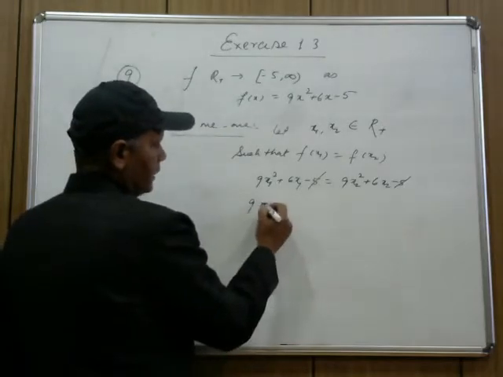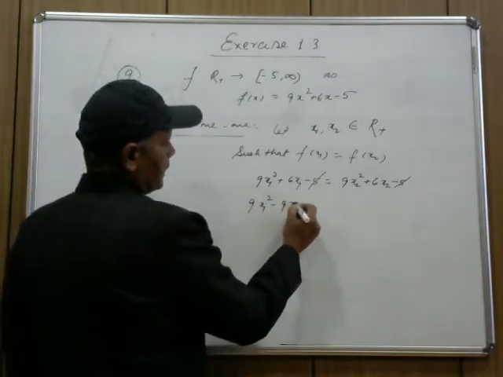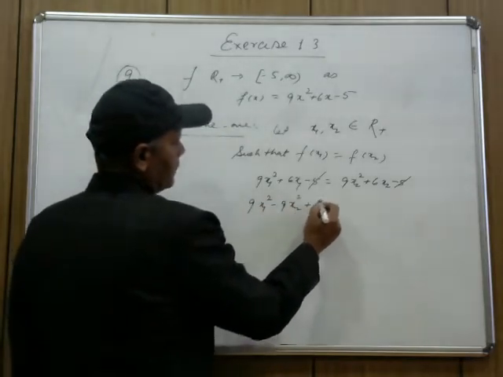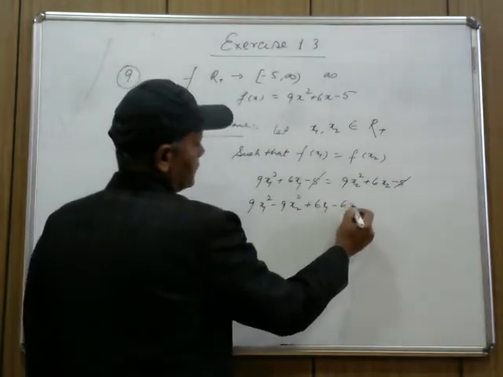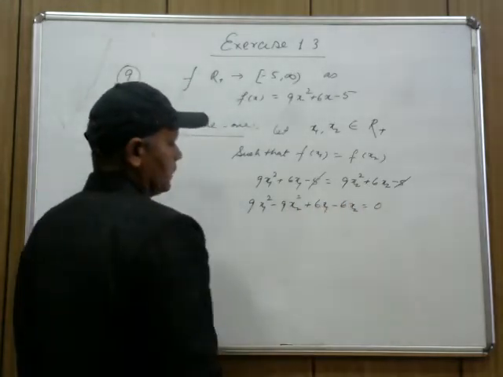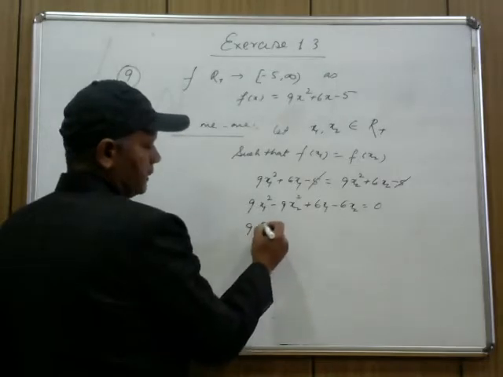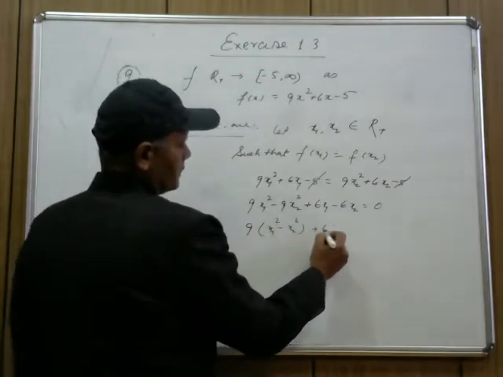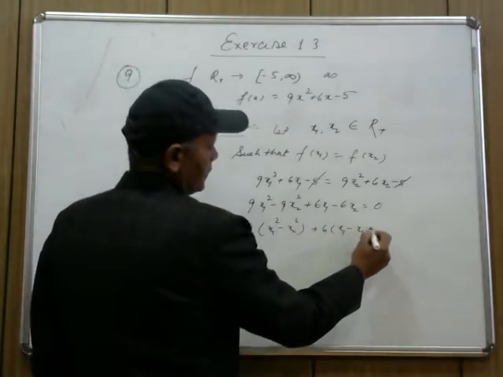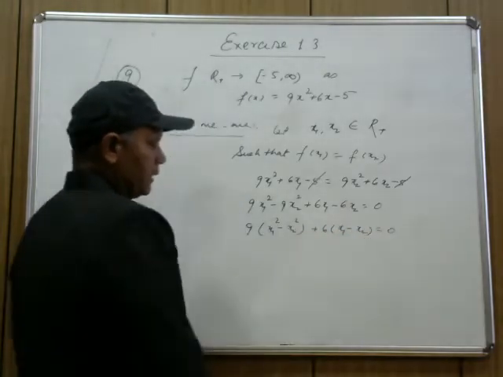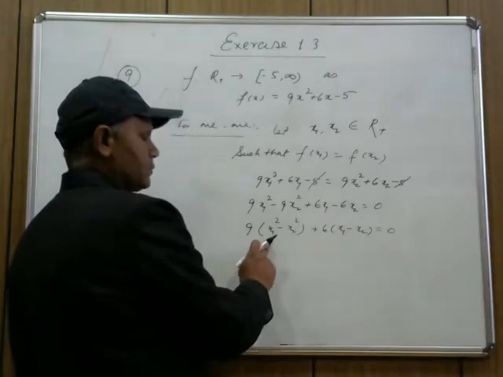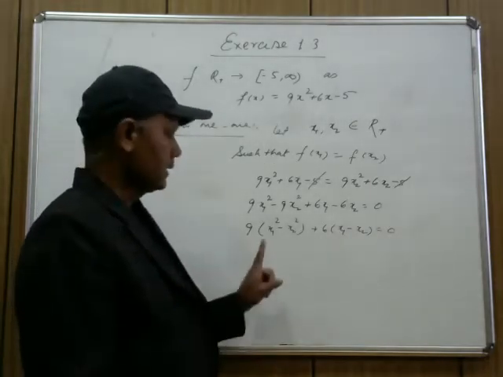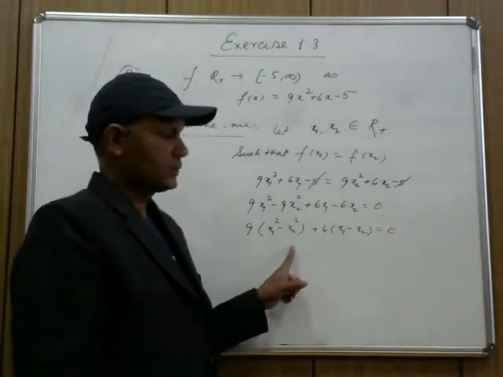We can write 9x1 square minus 9x2 square plus 6x1 minus 6x2 equal to 0. Can I take 9 common here? 9 times (x1 square minus x2 square) plus 6 times (x1 minus x2) equal to 0. Now x1 square minus x2 square I can write as (x1 minus x2)(x1 plus x2).